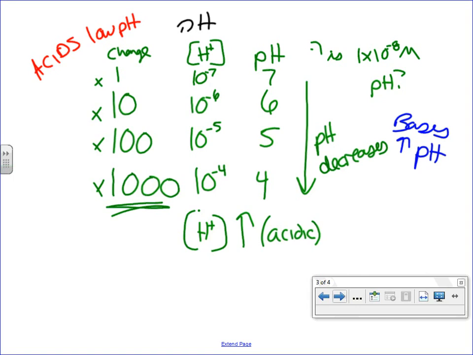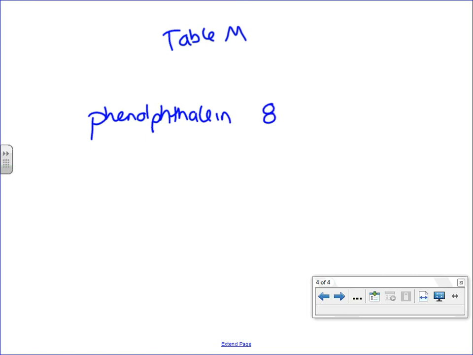Okay. The last thing I need to talk to you about is the indicator table, table M. Okay, table M. Make sure you understand how to read this. Okay, so it's going to tell you something, and I'm going to make this up a little bit. It's going to tell you that phenolphthalein has a color change from 8 to 9 of colorless to pink.